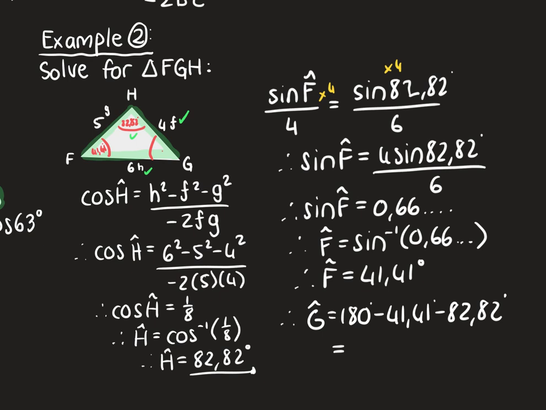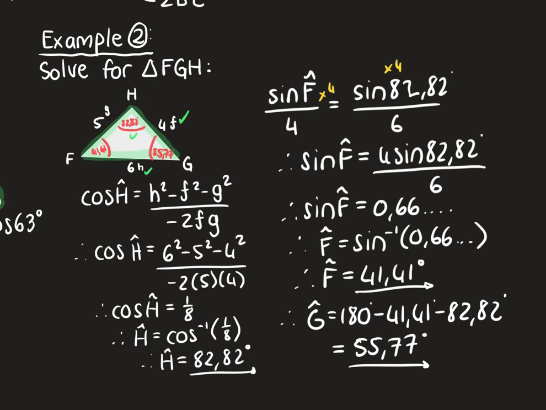Let's see what that gives us. 180 minus 41.41 minus 82.82. And that's giving me 55.77 degrees. And that's what this angle is. Okay, so that's what we've done, guys. We have solved for everything in that triangle. So that was my F, that was my G.